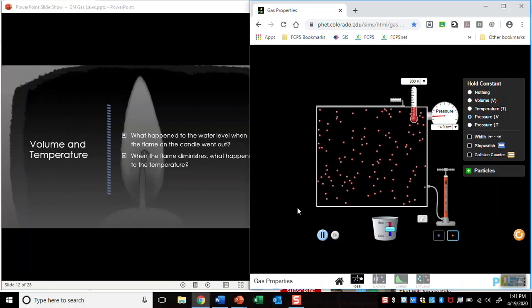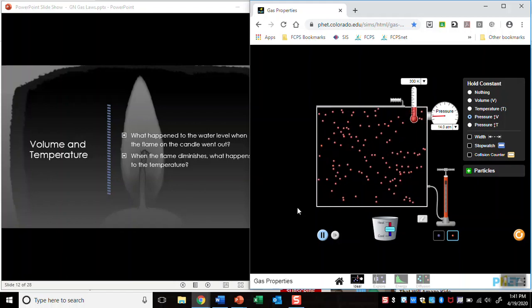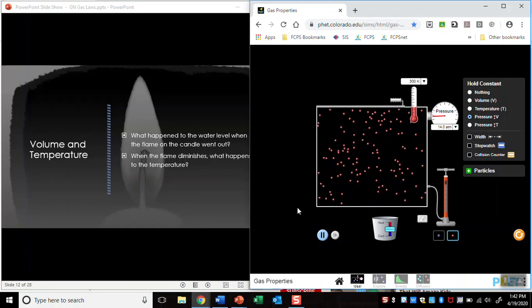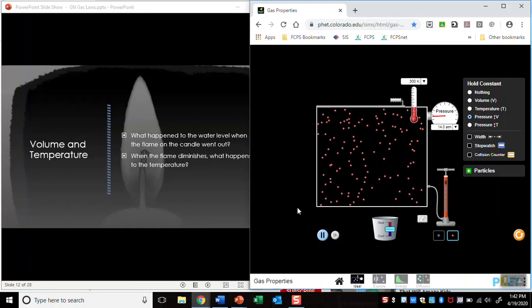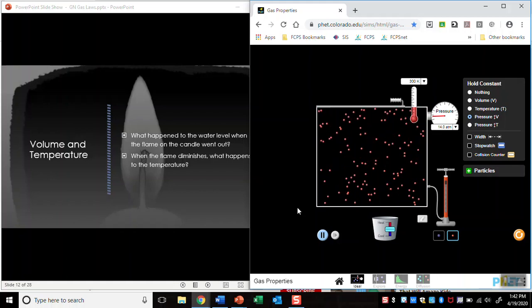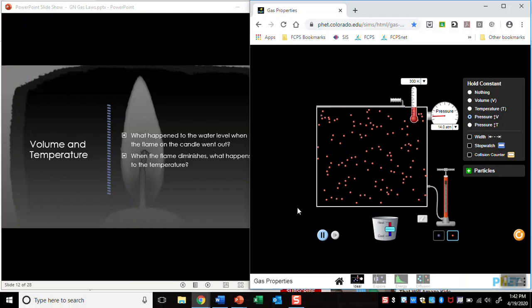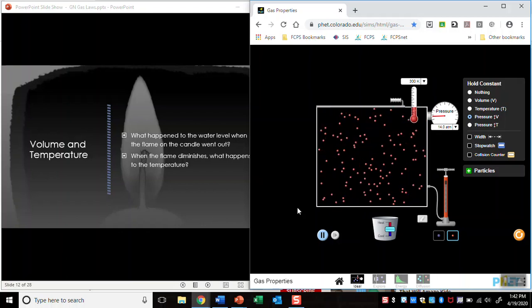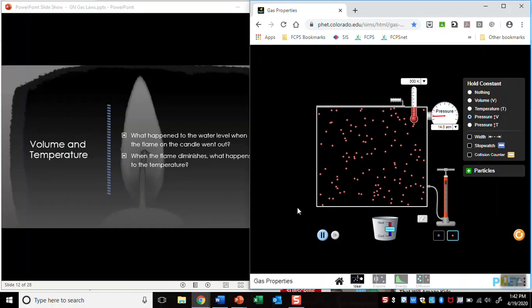Remember, pressure is held constant here. Then as we close the space and the fire diminishes as the temperature goes down, more carbon dioxide and water was being produced, and so there was less oxygen inside. And so at one point, the air pressure on the outside became stronger than the pressure on the inside.